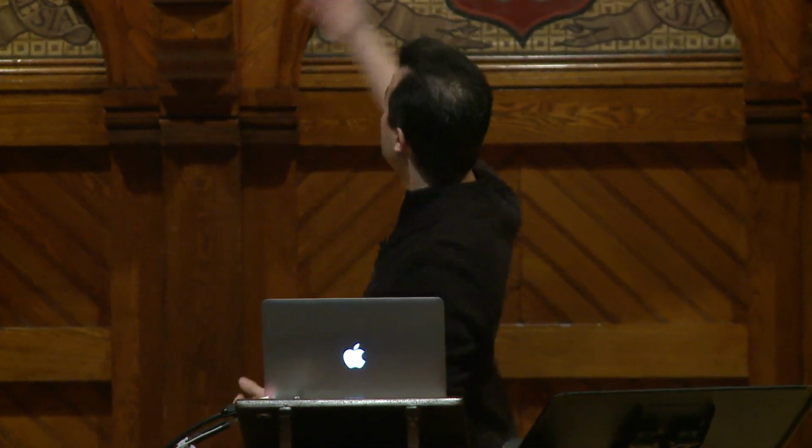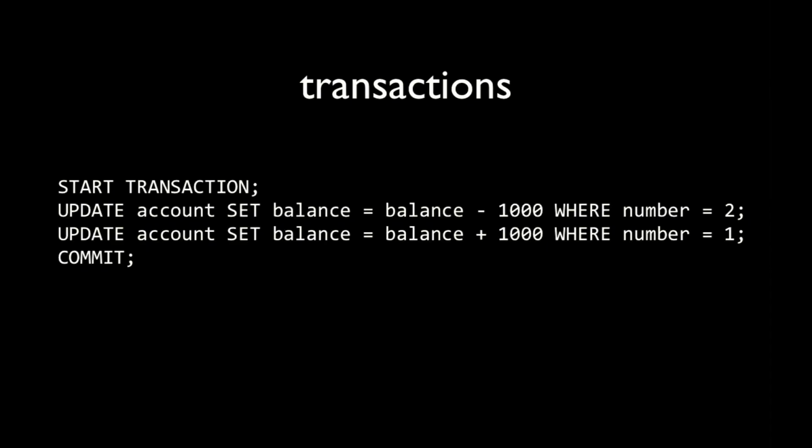And this is super important, especially when you're doing something like this. This is an arbitrary example that says, let's update the bank account by setting a balance equal to balance minus $1,000, where the account number is 2. And then the second statement is, now let's deposit that $1,000 into someone else's bank account whose account number is 1.